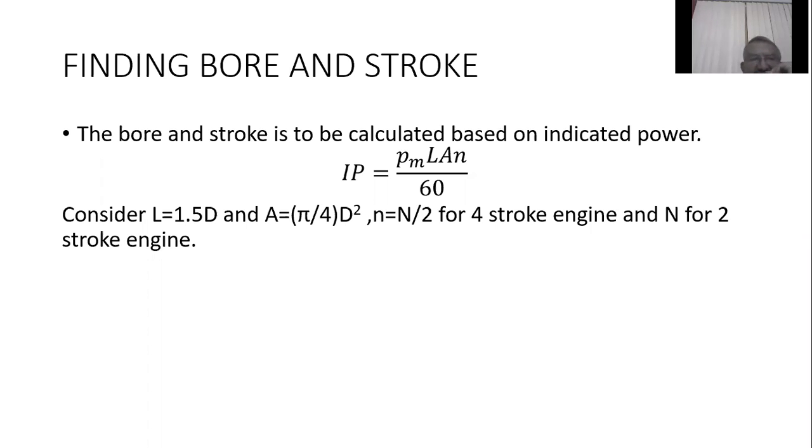The bore and stroke is found from the equation that we have been using from a very old time, that is indicated power IP is equal to Pm L A N by 60, where Pm is the indicated mean effective pressure. Usually if you are provided with the maximum pressure, if I say it is 10 megapascal, the indicated pressure will usually be 1/10 of that. Usually it is linked with the compression ratio.